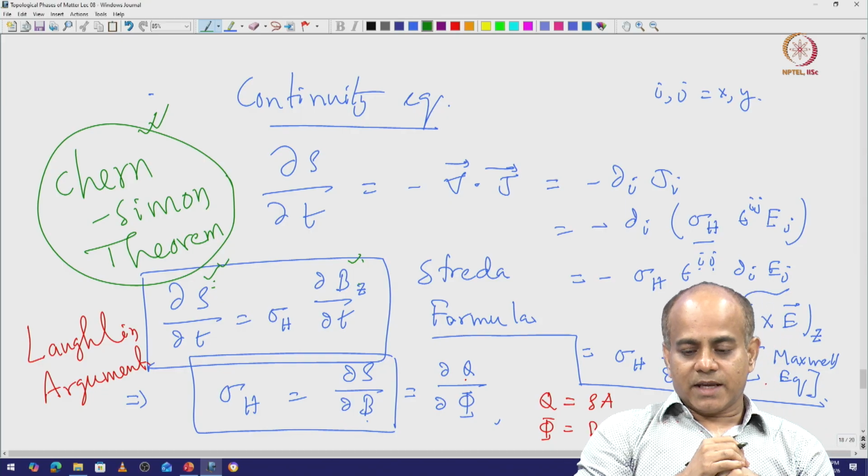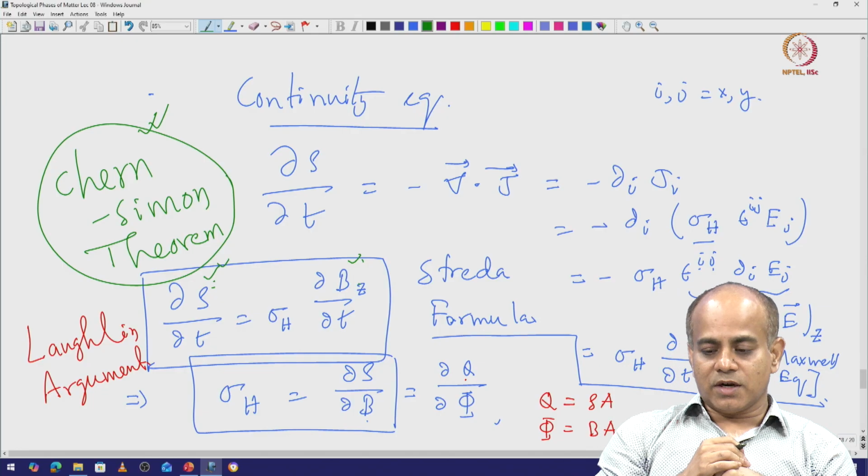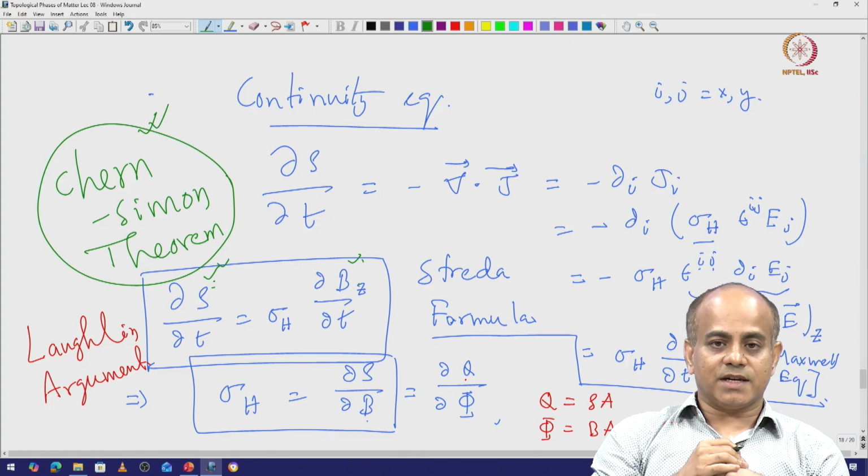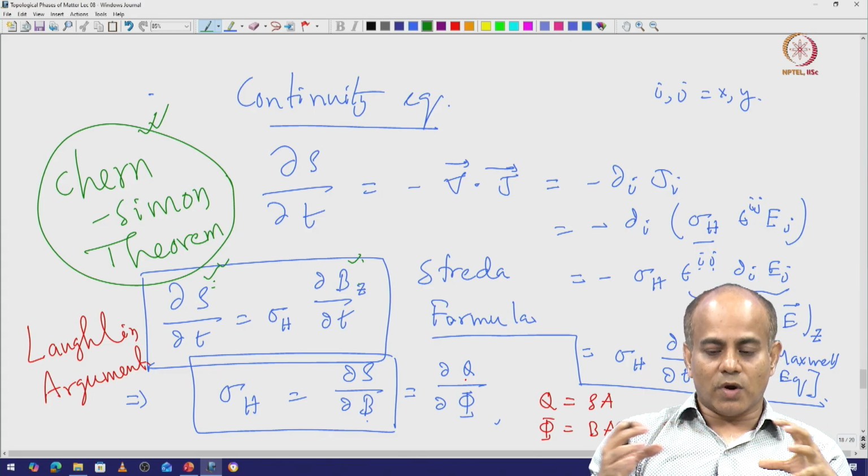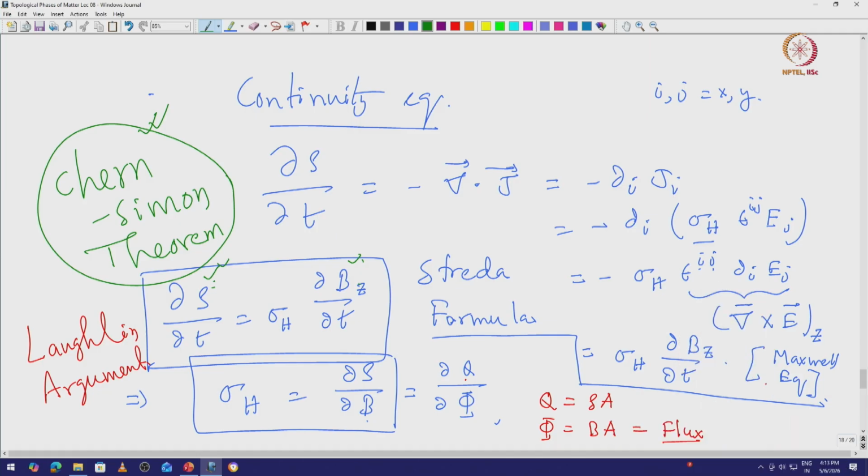So, I hope you got a good idea about the quantum Hall effect and how that is related to quantization of electrons around a solenoid.